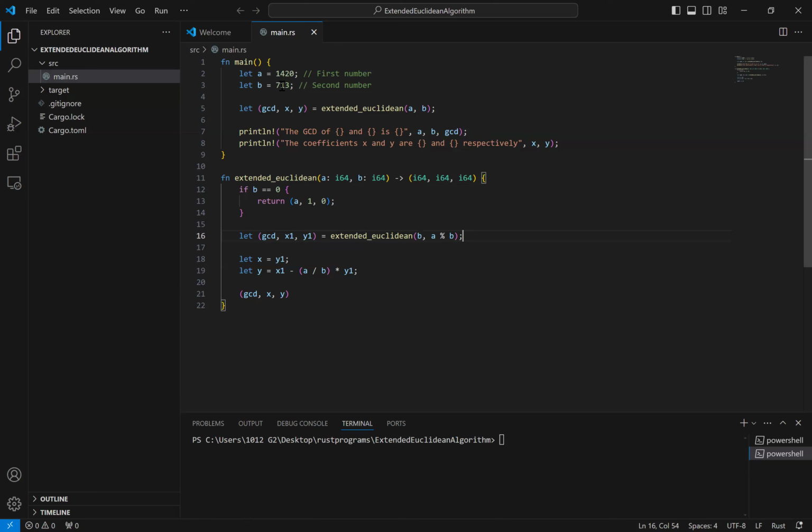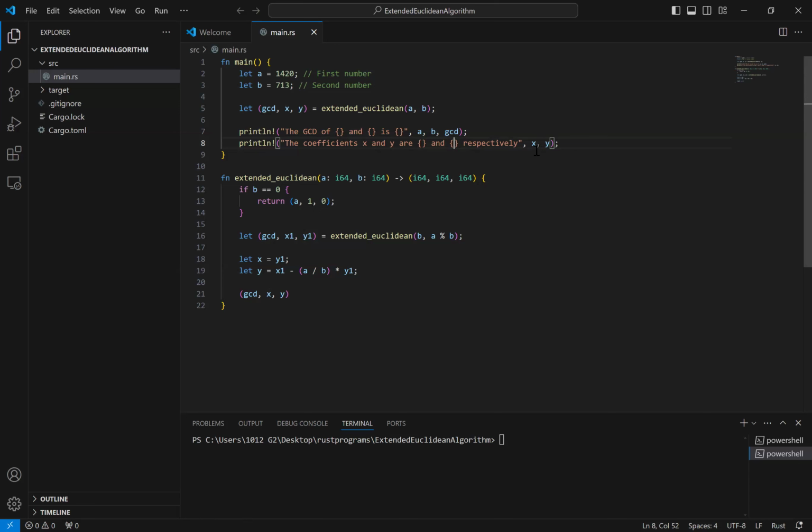Now this is the code, and you have the first number there, the second number here. We've said that it will give us two results. The first result, the GCD of the two numbers A and B, is this. And then the second result are the values of X and Y, this and this.